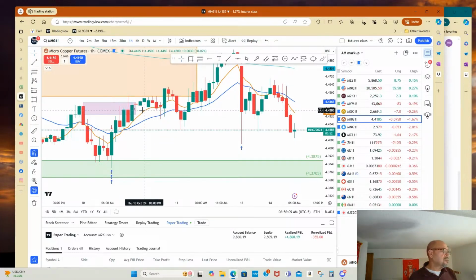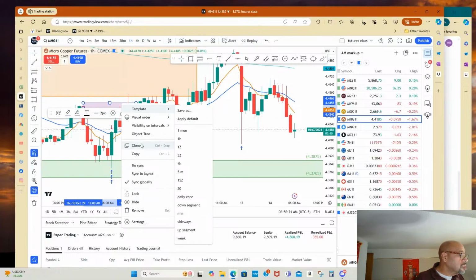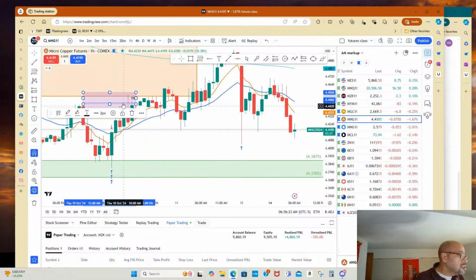This is what them cats were talking about, the one candlestick strategy, I bet. But anyway, at that point I'm looking for a 1-to-1 on it or a stop loss.